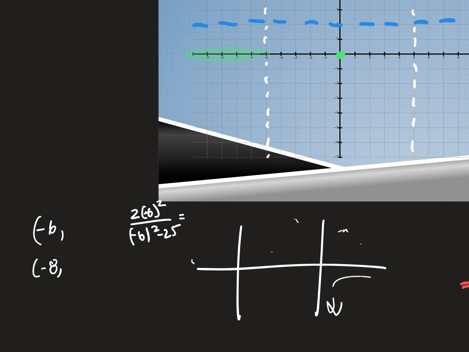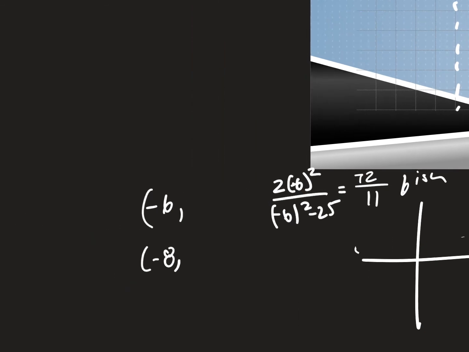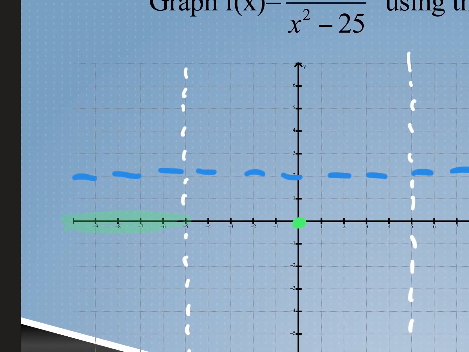Okay, so -6 squared is 36 times 2 is 72 over 36 minus 25. 11. Okay, so 72 divided by 11 is about how much? 6-ish, right? So when I plug in -6, I get out 6-ish. So on my graph, I'm going to go over -6, and then I'm going to go up 6-ish. 1, 2, 3, 4, 5-ish.